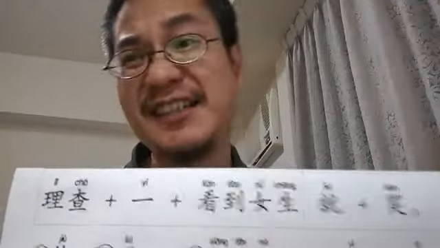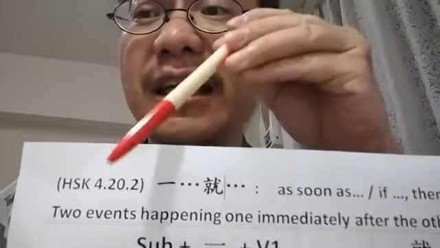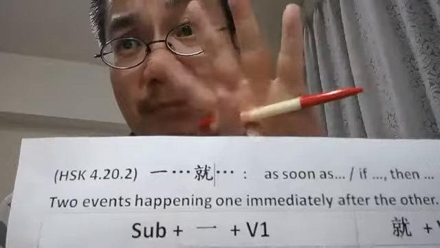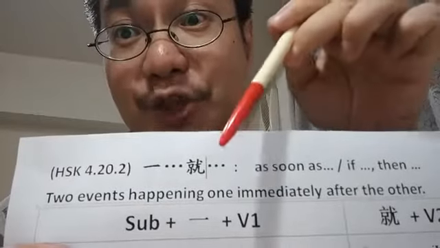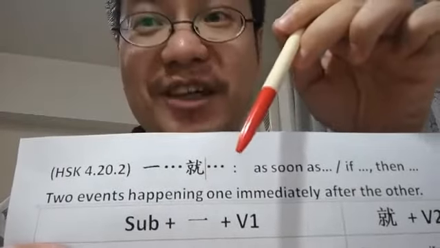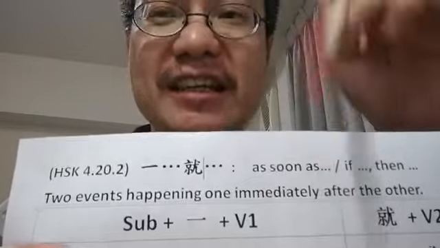So this is the sentence pattern in Chinese, and once again, it is in HSK level 4. 一巴拉巴拉就巴拉巴拉, which means as soon as.